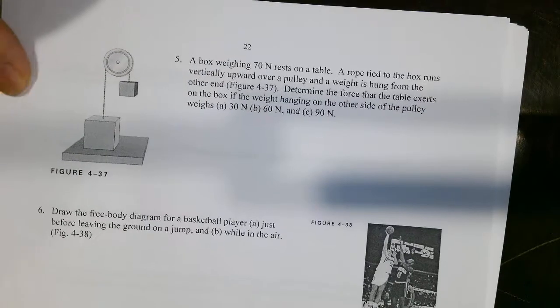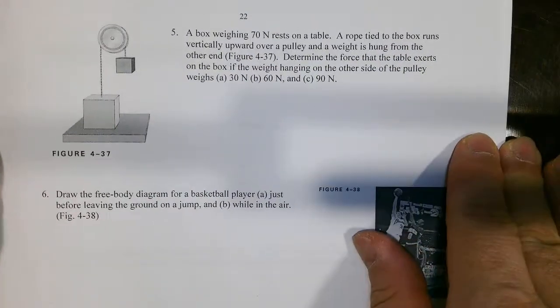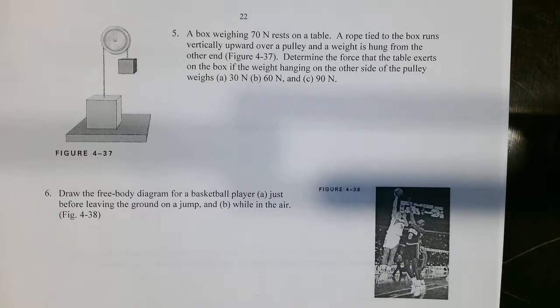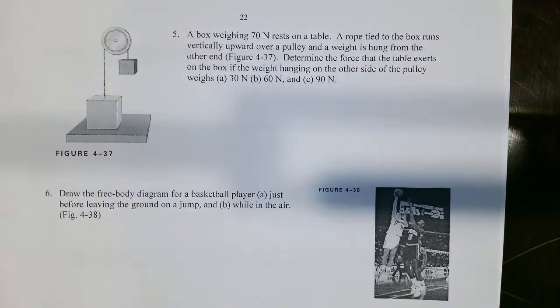Now let's take a look at number 5. All right. A box weighing 70 newtons rests on a table.